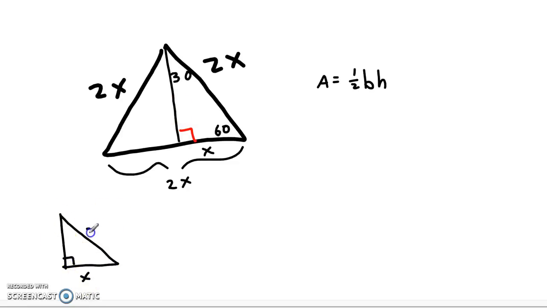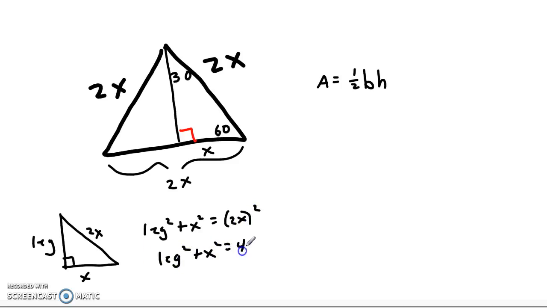So if this is x and this is 2x, then whatever this leg is, it must be true that that leg squared plus x squared equals 2x squared, which means the leg squared plus x squared equals 4x squared, which gets us the leg equal to the square root of 4x squared minus x squared, which is to say 3x squared, which reduces to x rad 3.